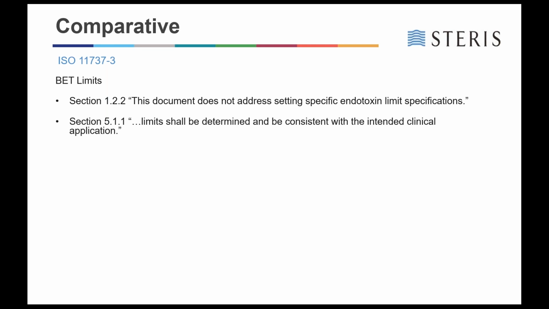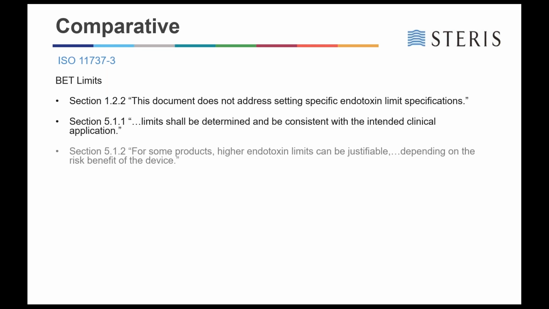This resonates true for both standards, just reminding the user of the document that you always want to look back at the intended clinical use. Also in section 5, you see that there's this caveat where a higher endotoxin limit could be justified. And this would be depending on the risk benefit of the device.